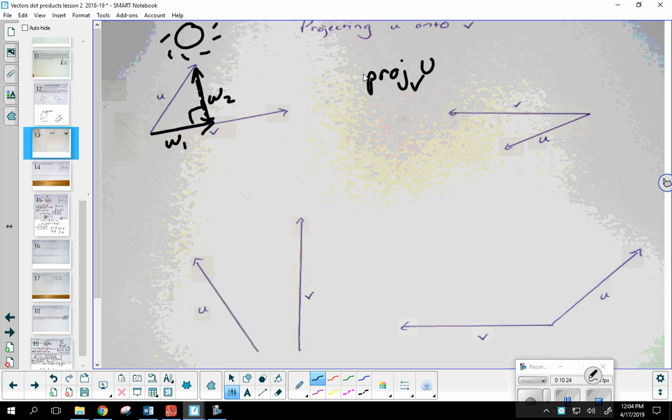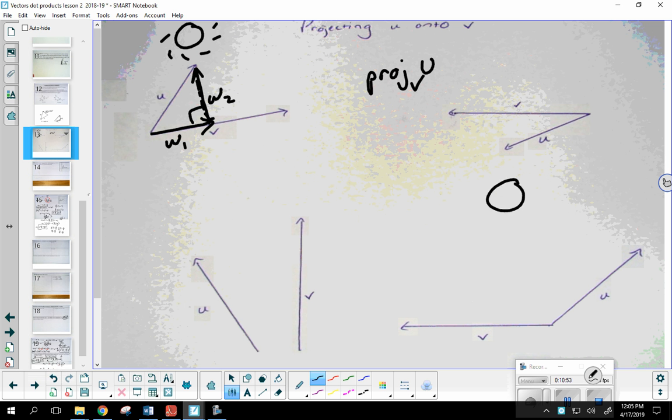So the point of this is just to show you it doesn't matter how the two vectors relate to each other if you draw them. The shadow is the vector projection. So here you'll notice V is still the ground. But where would I put the sun? Remember, I'm always going to put the vector U between the ground and the sun.